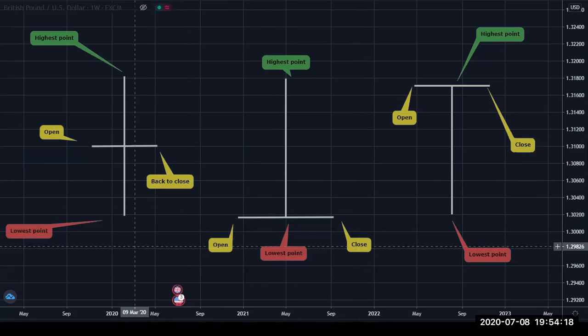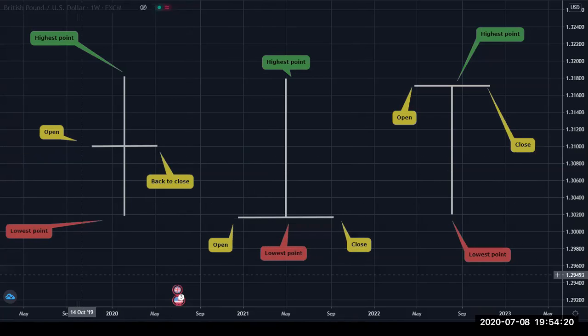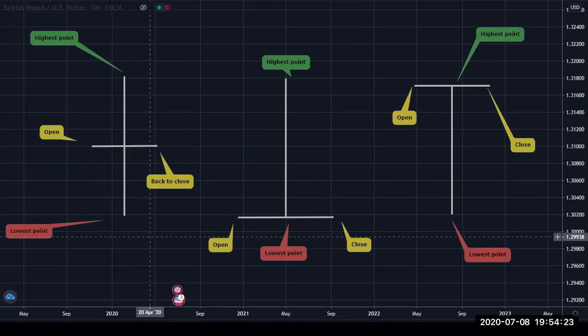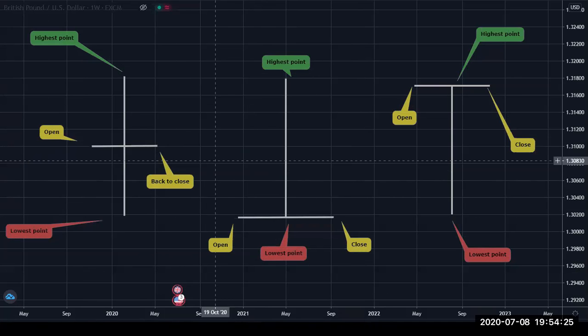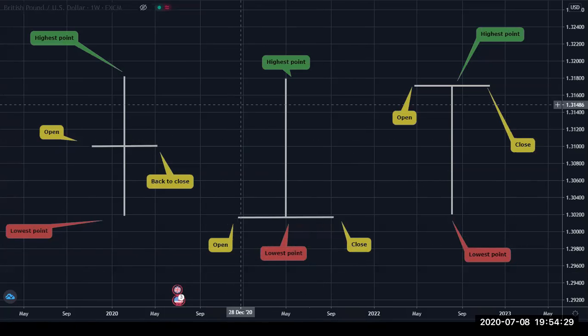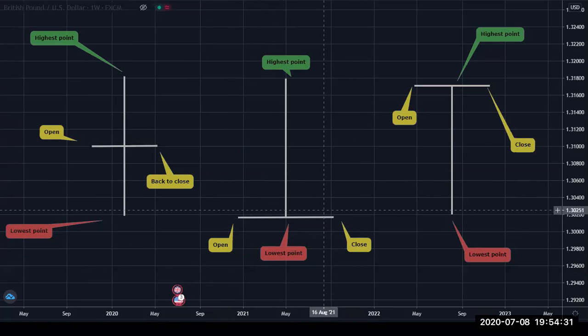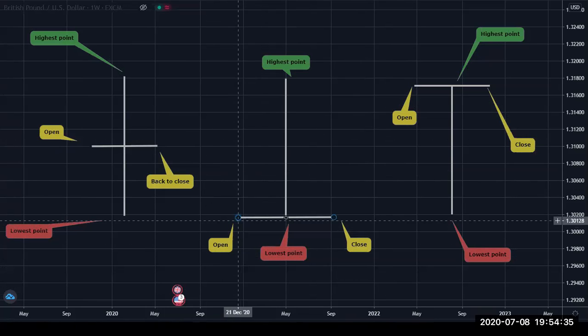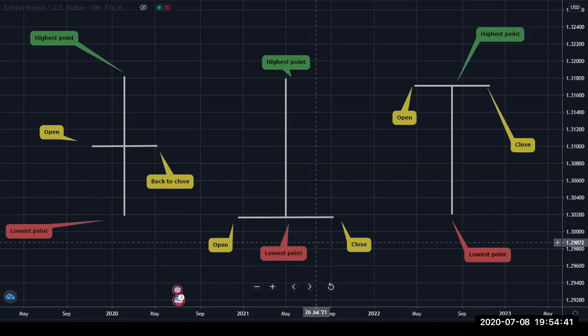So if price is going up the whole time, making higher highs and higher lows, and then you see this type of candle, 9 times out of 10, or maybe 7 times out of 10, you might get a reversal, and then price starts to fall. This candle is just saying that it started down here, the bulls brought it up, the bears brought it right back down, but the bears didn't have enough strength to bring it down here either.